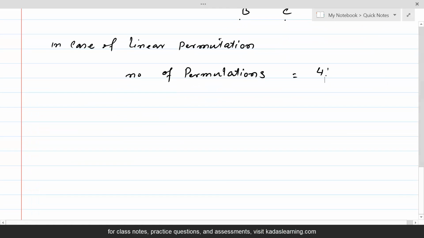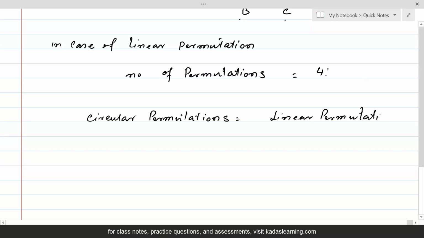So this gives rise to a formula that circular permutations are equal to linear permutations of n objects, if the total number of objects is n, divided by n. That would be the formula.